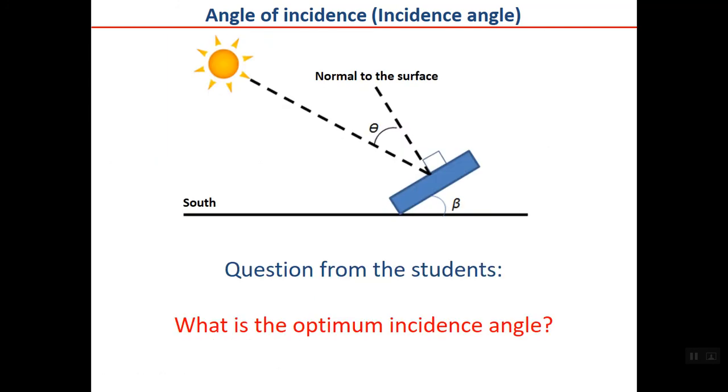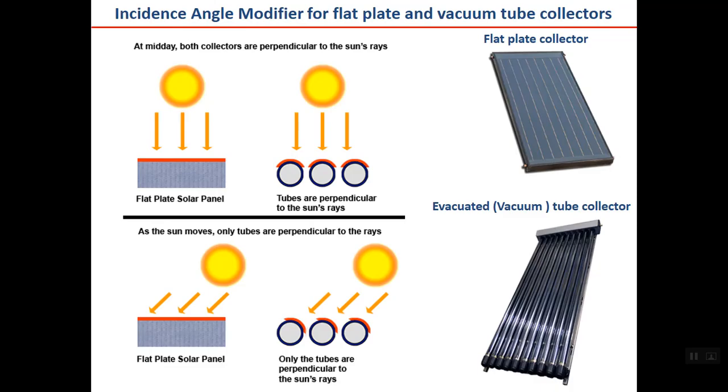Okay, this question you answered before. What is the best incidence angle? We saw that it is 0. An interesting point here, we will return to this topic later when we discuss solar thermal collectors, but it may be interesting to have a short view on that.